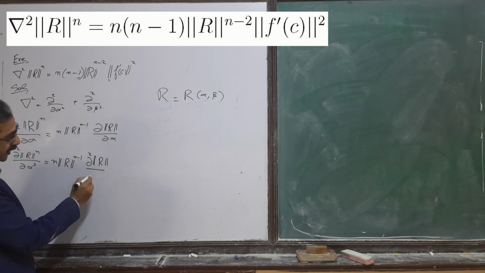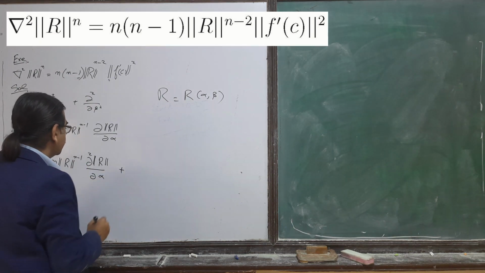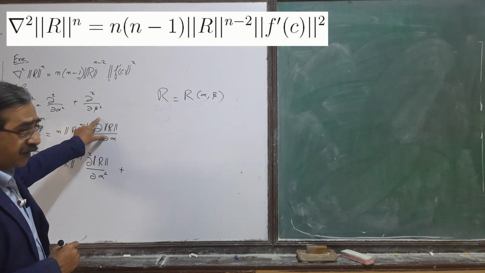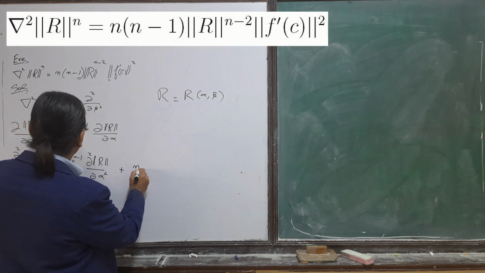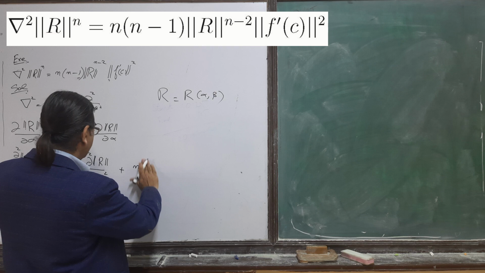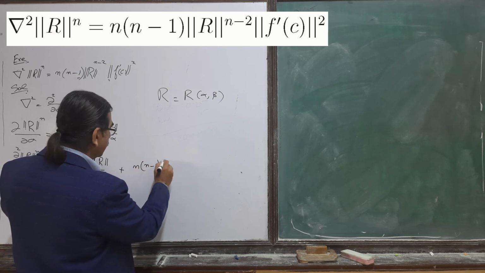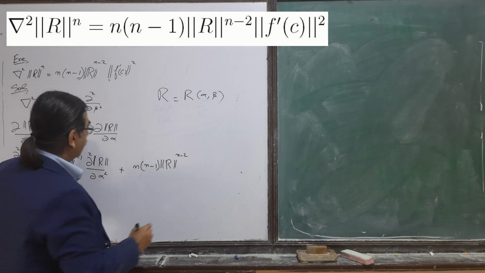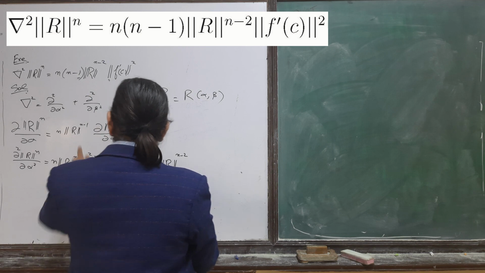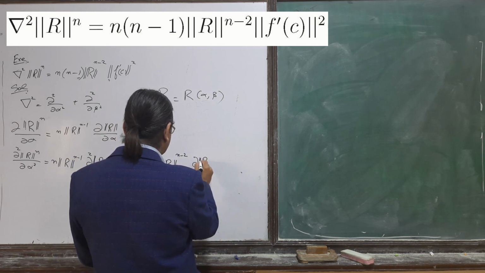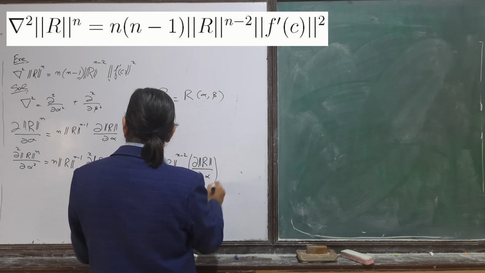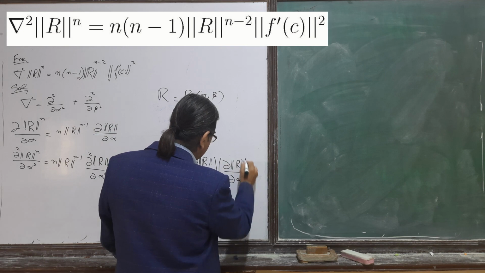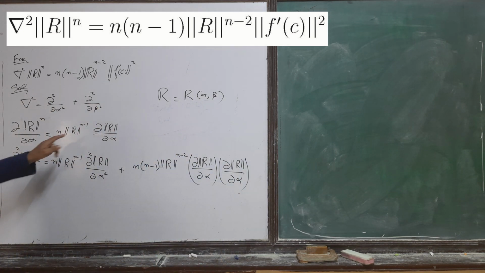the first function stays as it is and the derivative is applied on the second, plus this will remain the same and the derivative we apply on this, that will be n into n minus 1 r power n minus 2, because it is shifted, the derivative on this, partial r over alpha, and this will be as it is.